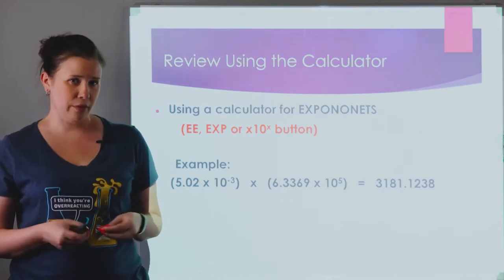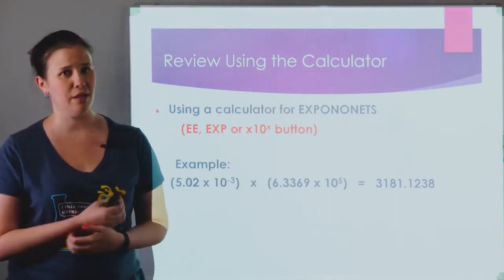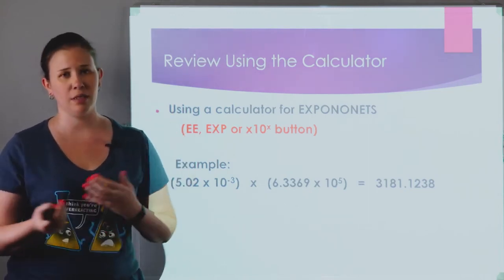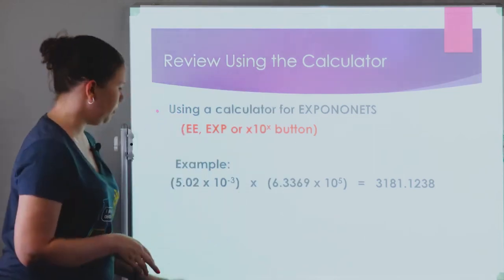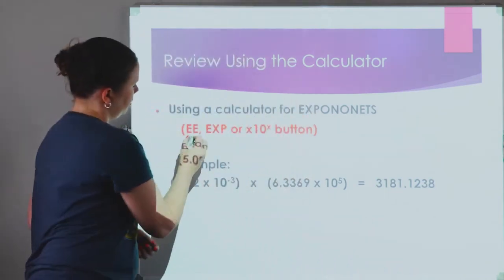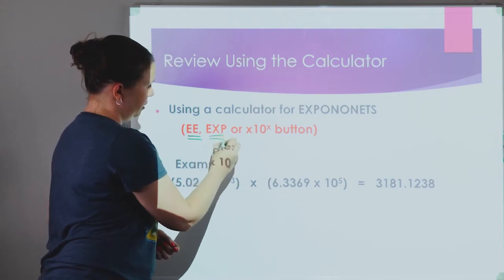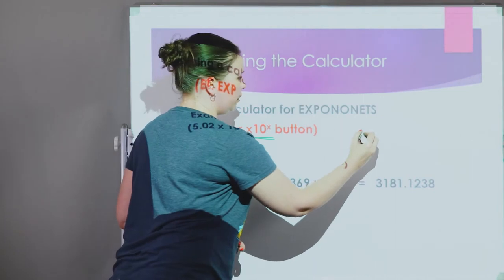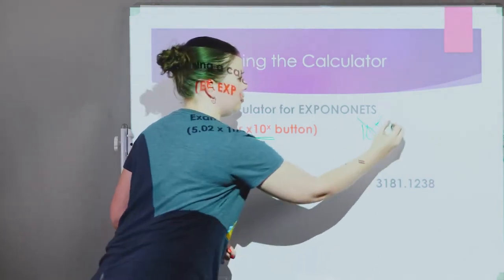The trickiest part about using scientific notation or very large numbers, which does happen in this class a lot actually, is getting it into the calculator. So this is something that we're going to have to work on together. What does your calculator look like? A common button that we're going to see is a double E. You may also see EXP or times 10 to the X. Be careful, it's not just the 10x button that's by the logarithms.